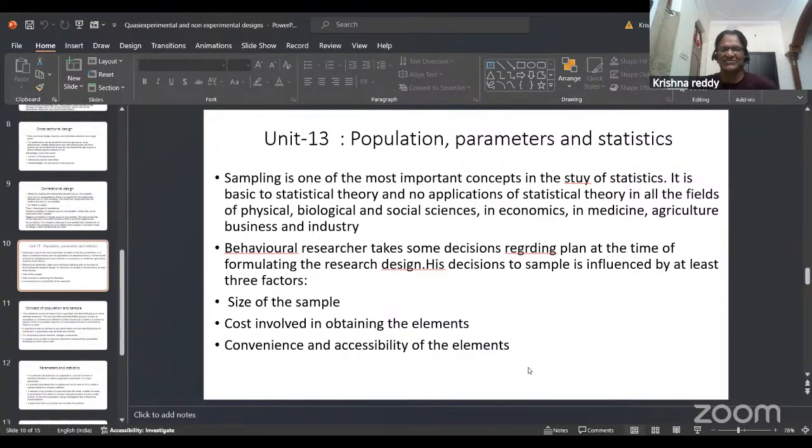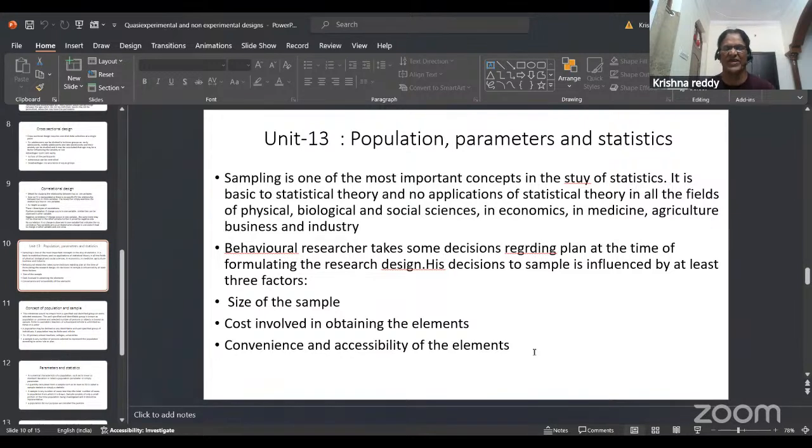Then convenience and accessibility of the elements. This should also be considered while fixing the sample. You have to decide the size of the sample, how much is required, then how much cost is going to be incurred for getting the data from the participants, then convenience, your time factor, and accessibility, which is a question of availability of those candidates, very near and also far.